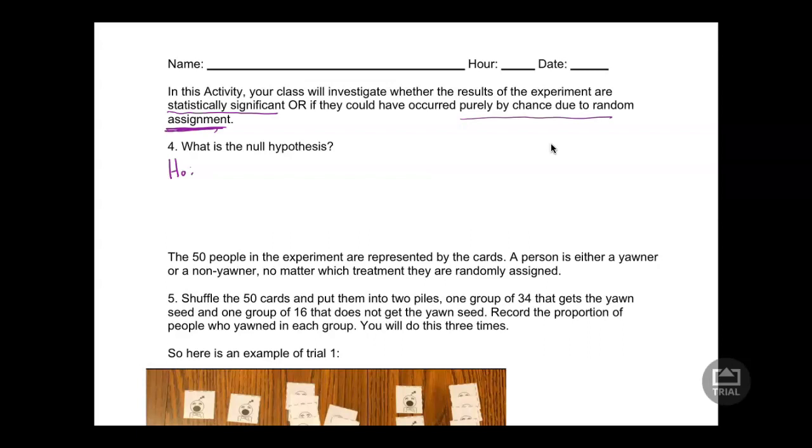So if they're trying to prove that yawning is contagious, our null would be that yawning is not contagious. So if yawning is not contagious, that means when I take the proportion of those who yawned with the yawn seed and compare it with those who yawned without the yawn seed, in order for it to not be contagious, they would have to have the same proportions. So if we were to subtract them, it should be equal to 0.